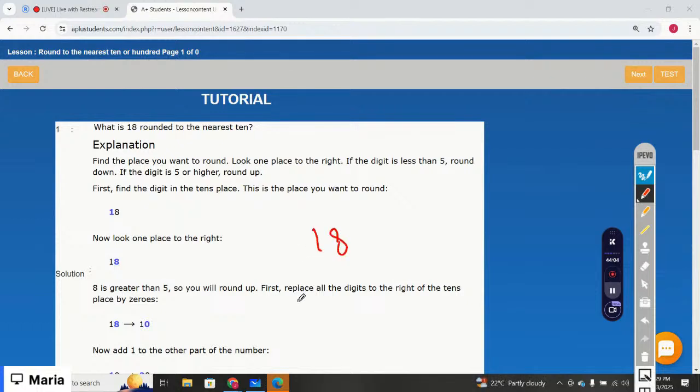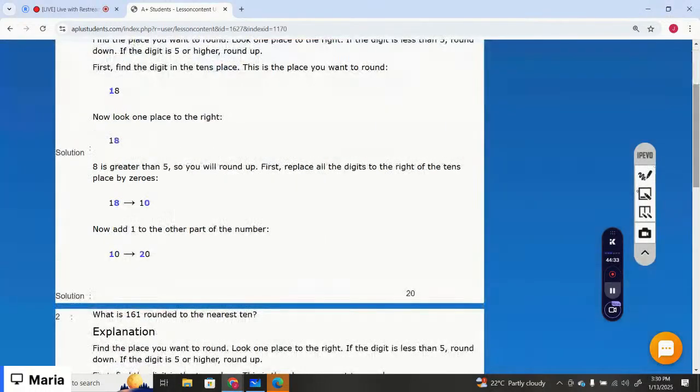So you have to round 18 to the nearest 10. 8 is at the ones digit and 1 is at the tens position. 8 is greater than 5, so you need to round up. Add 1 to the tens digit and replace the 8 with 0. So that is 20. 18 is rounded off to 20. The correct option is 20.